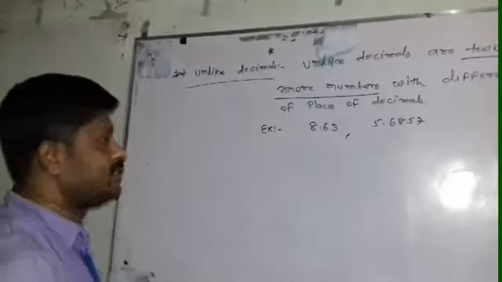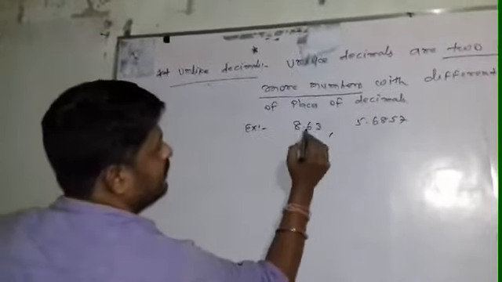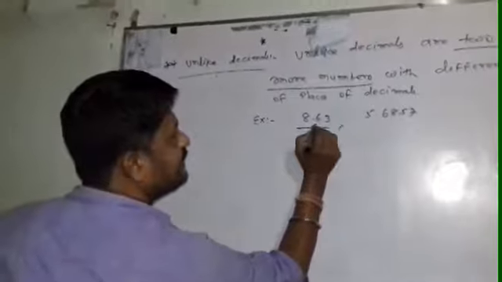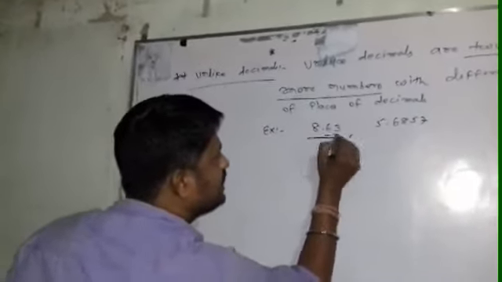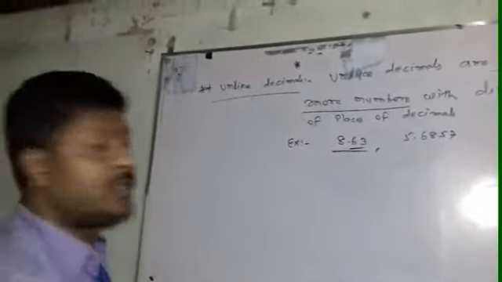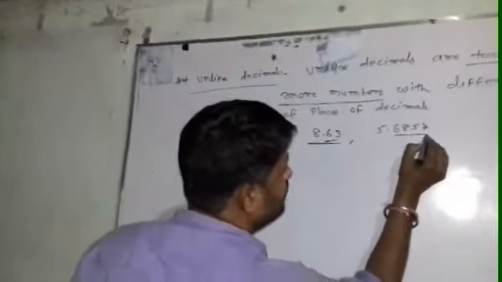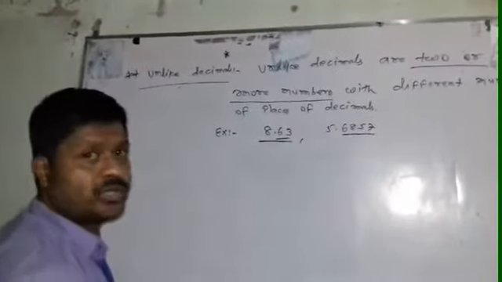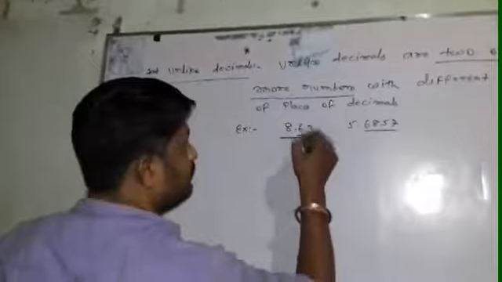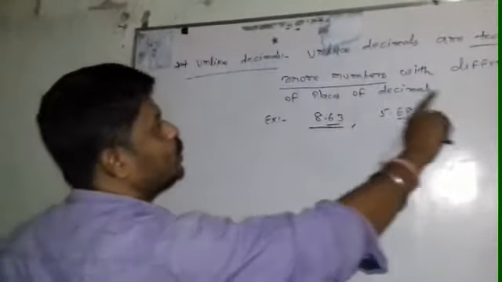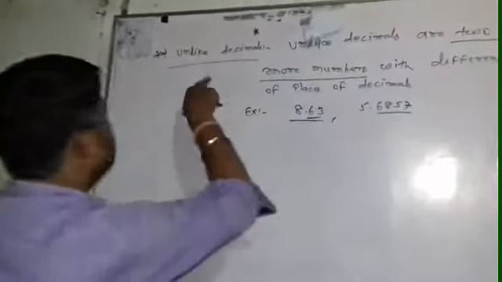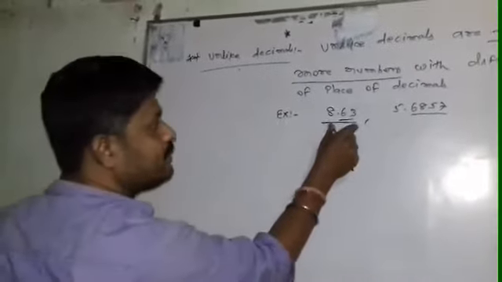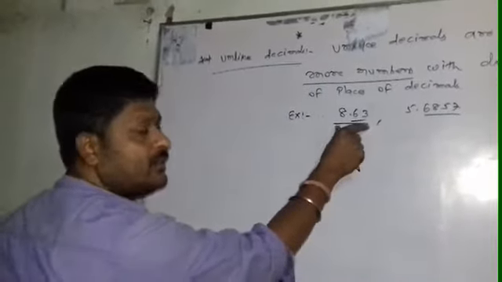We can see here that two digits exist after the decimal, but here four digits exist after the decimal. If the numbers were like decimals, these must be equal.